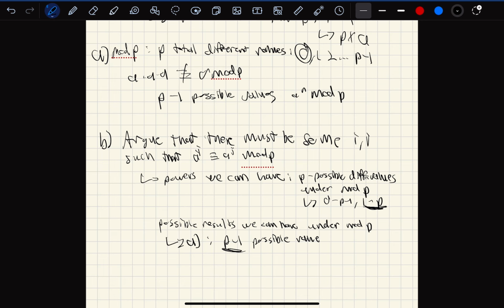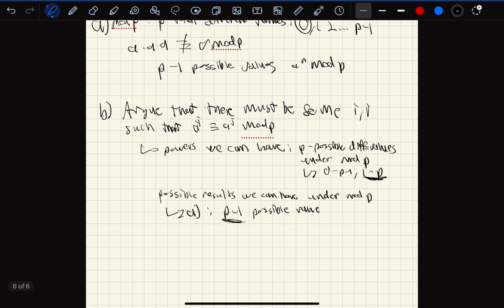So now we're going to say that as we've chosen to represent all of our possible powers as 1 to p, for some i and j, j is greater than i, i has to be at least 1, and j is at most p to represent the p possible values.